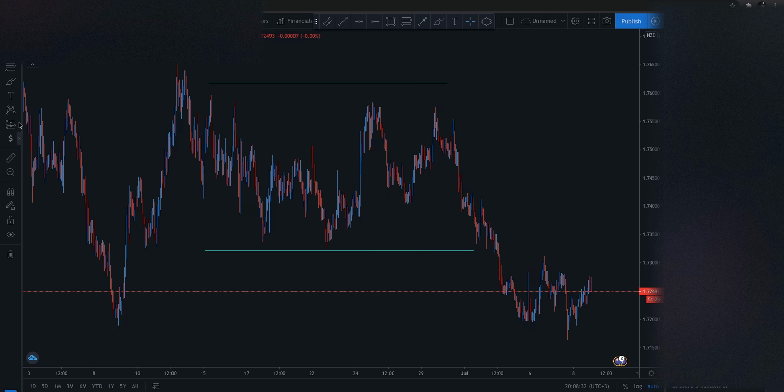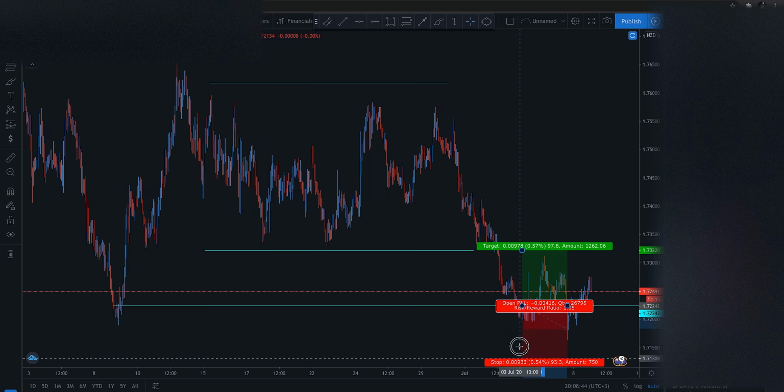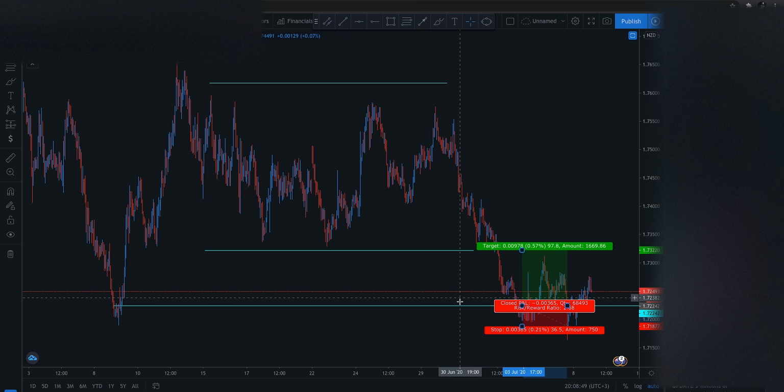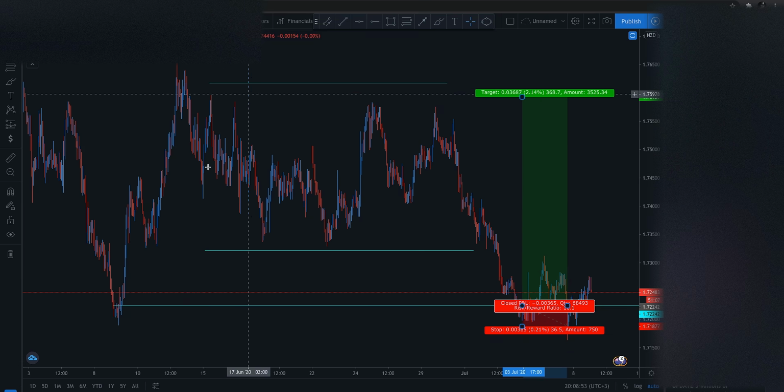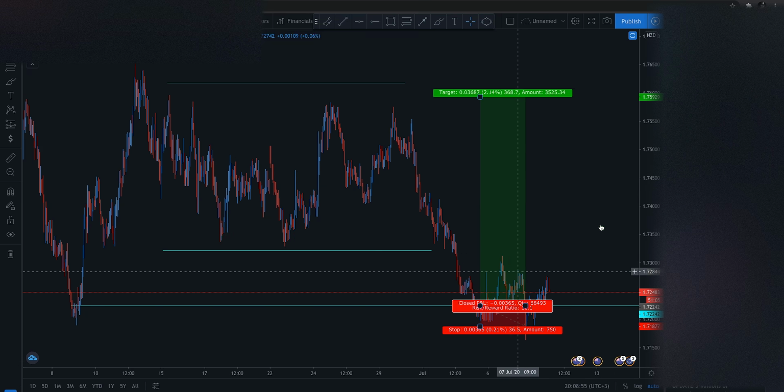So what happened was my entry was right here, and my stop loss was just beneath this lowest low. And I was potentially aiming for these equal highs in the long run, right?